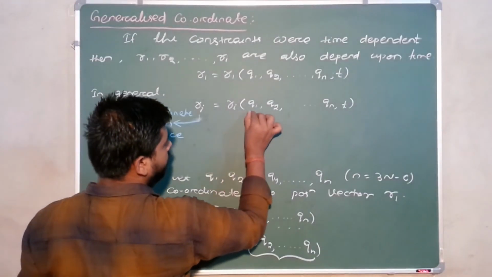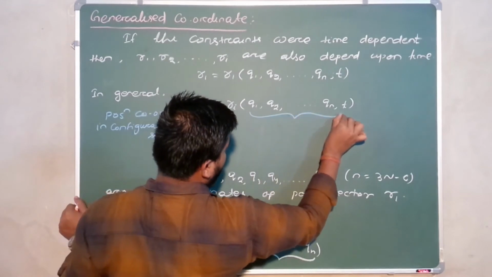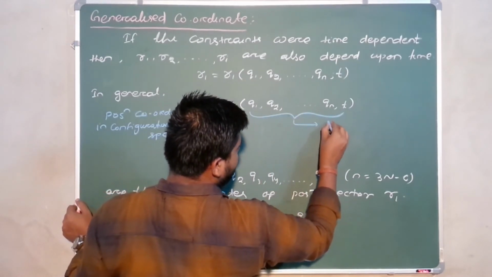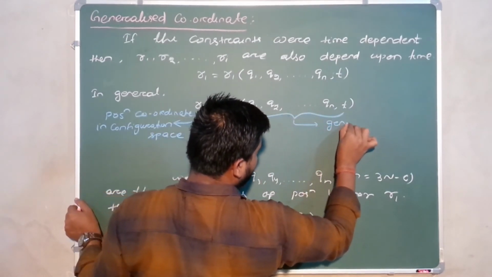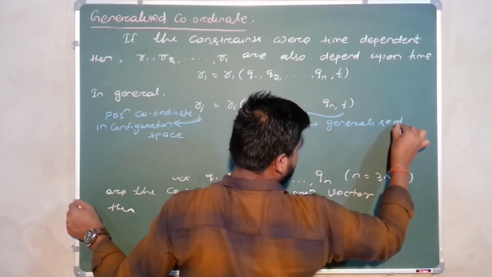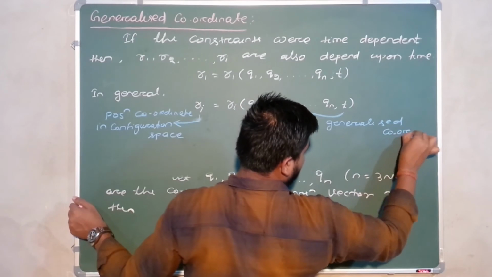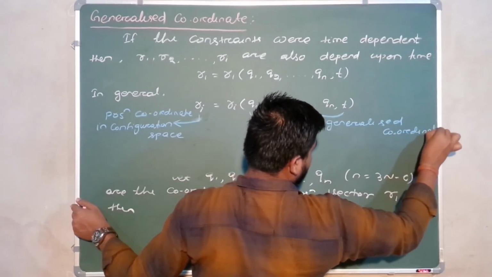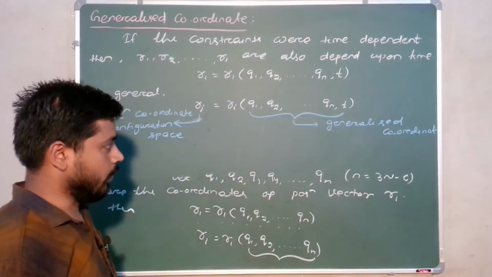Then this one is our generalized coordinate. Yes or no?